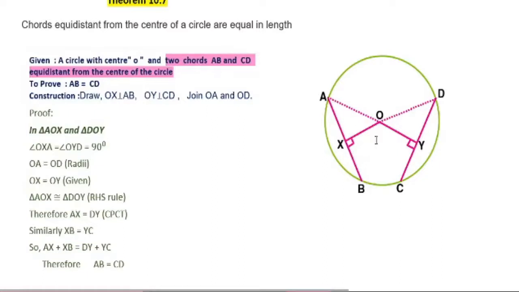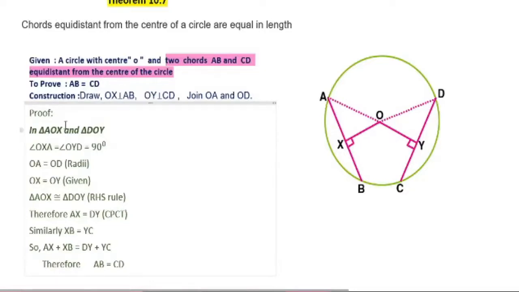Here we draw OX perpendicular to AB, which we have already drawn, so you can write OX is perpendicular to AB and OY is perpendicular to CD. Then join OA and OD. Or we can join OB and OC also, and prove it the same way. So I have joined OA and OD, and we will continue.